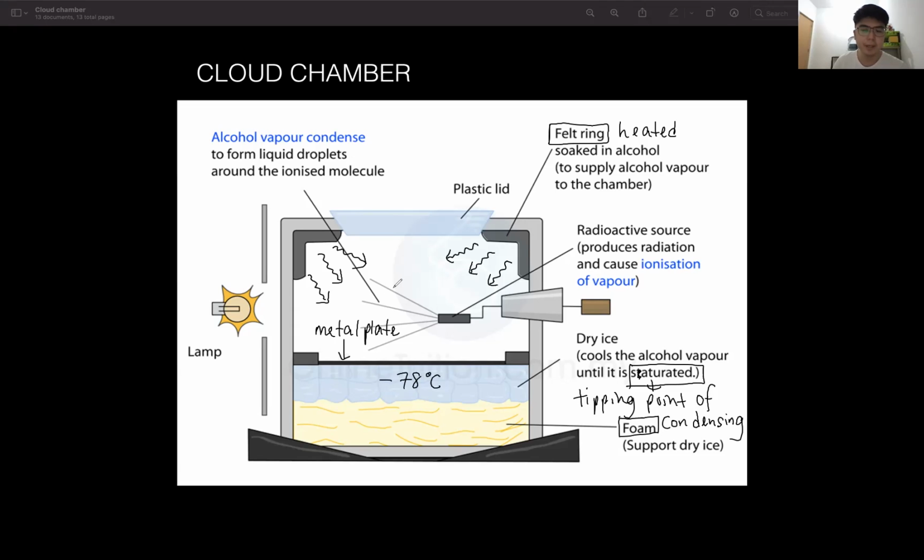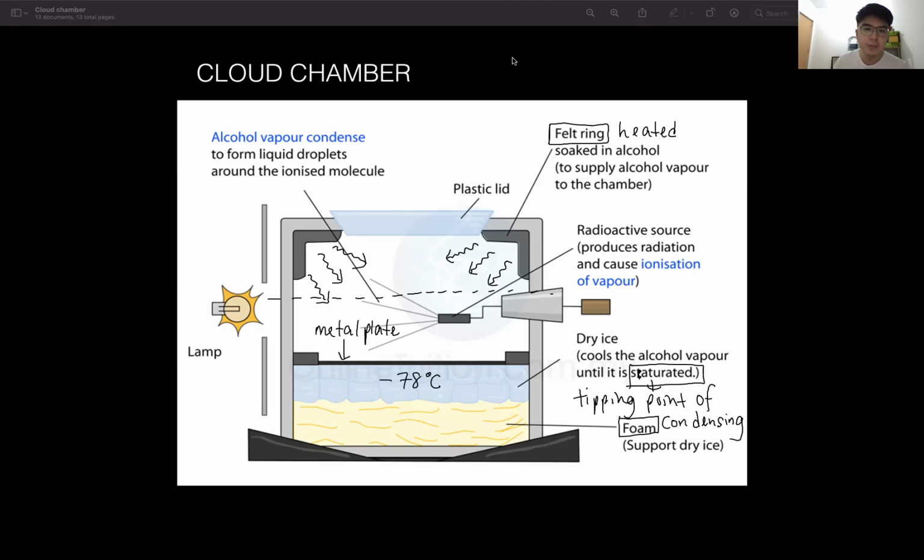In the chamber, you have a mix of alcohol vapor and also air particles. Now, the air close to the bottom, close to the plate, is cooled down by the dry ice.